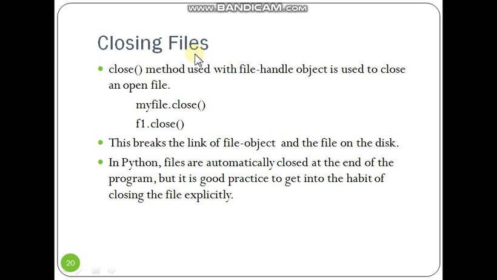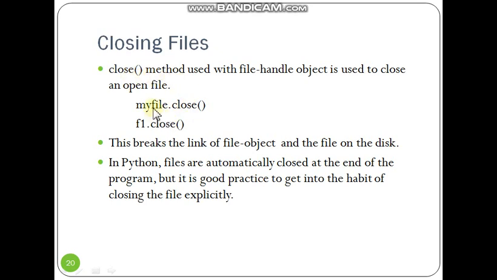Now we need to close the file. Even though the file is closed automatically at the end of the program, it is still not good practice to leave it like that. It is good practice to close the file explicitly, and that can be done using the close method.